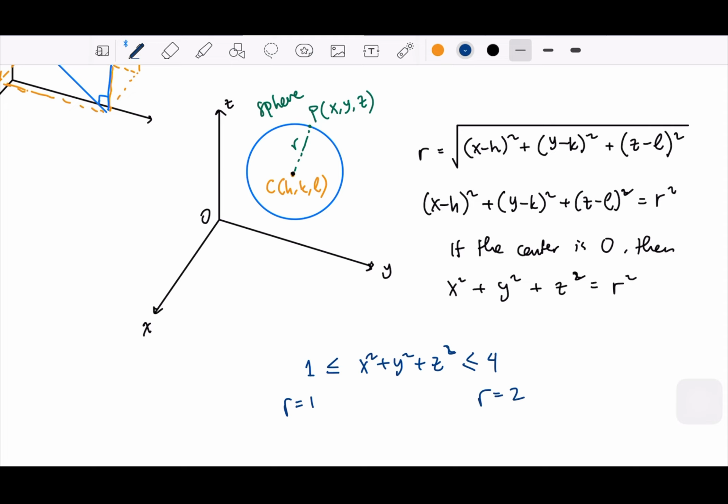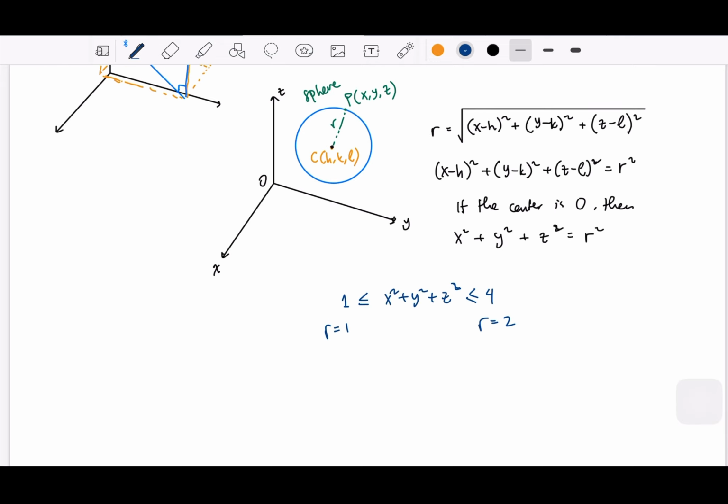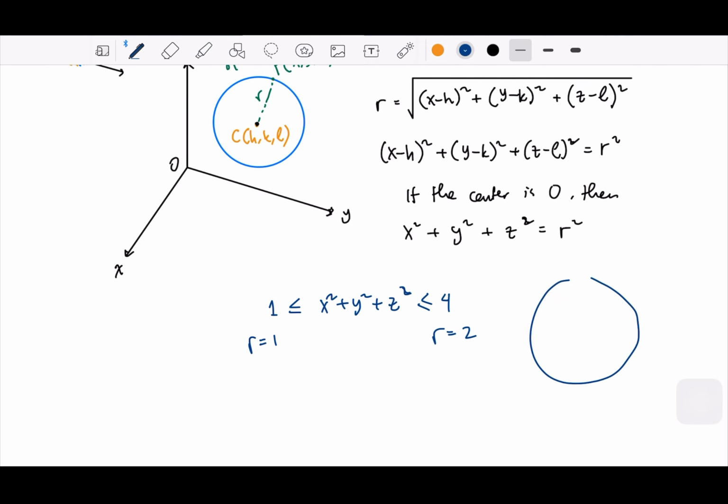It's a sphere, but it has a hollow. Okay. So if we draw the sphere, maybe it's like this. So this is a hollow. Okay.